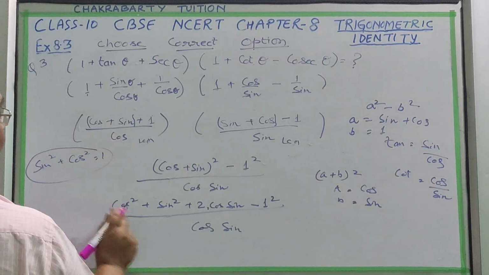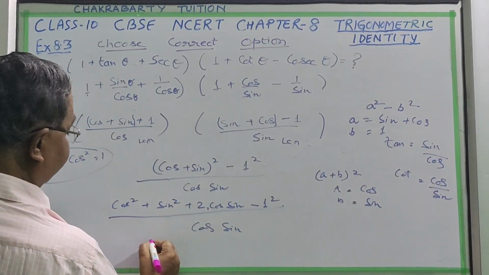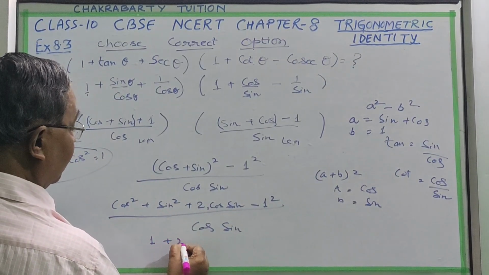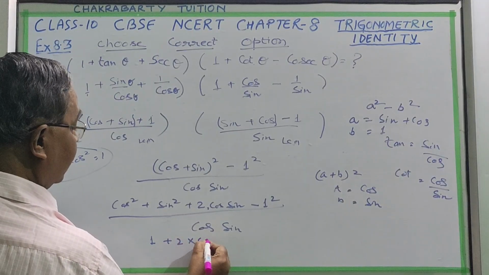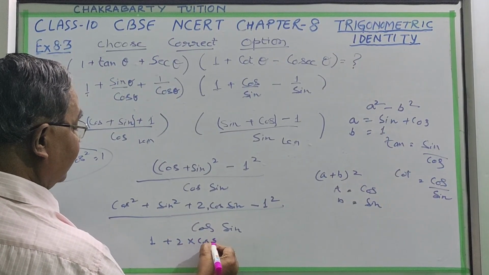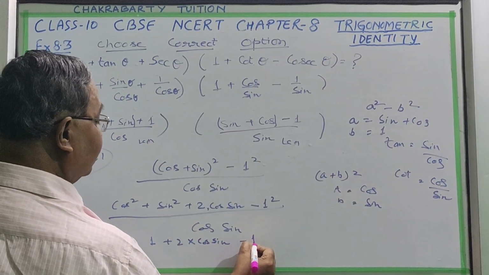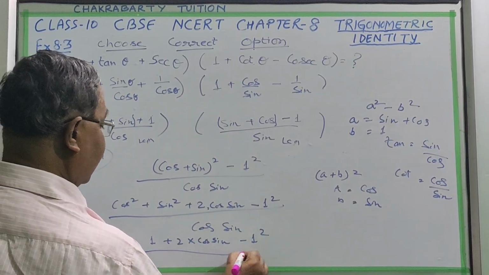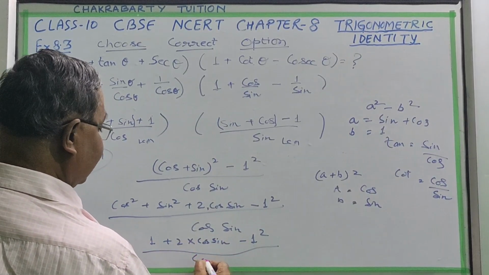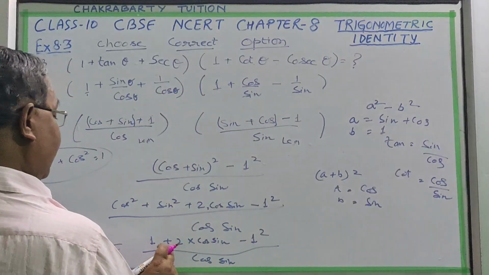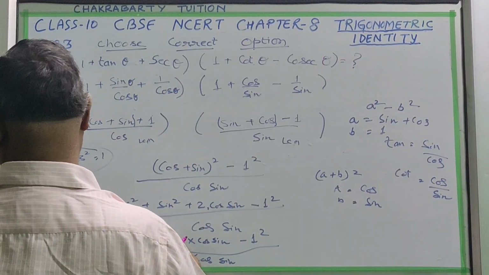We will use that identity here. So 1 plus 2 cos sine minus 1 square, upon cos sine. Now this will become 2.